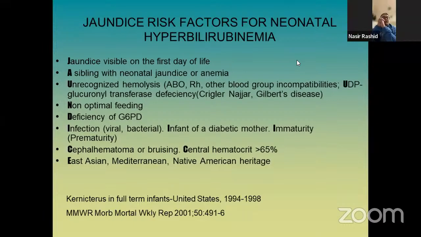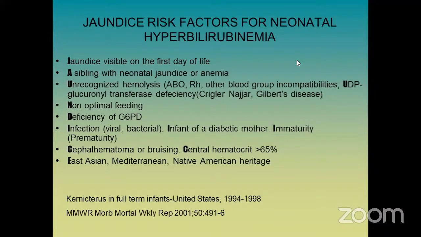Both, but conjugated is a higher proportion. Usually with hypothyroidism, it's conjugated hyperbilirubinemia in my experience. But again, Junaid, do you want to add any points? No, the answer is the same. Nasir said it very rightly.